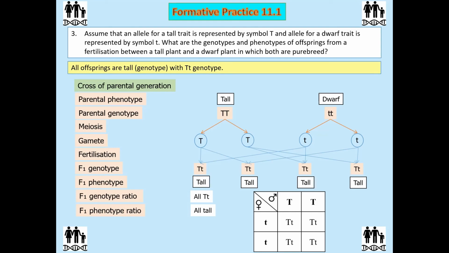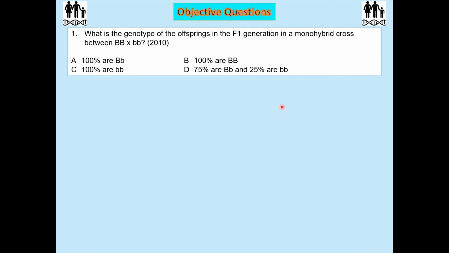Okay, let's try this question. Question number 1, what is the genotype of the offspring in filial 1 generation in a monohybrid cross between homozygous dominant and homozygous recessive? First, we draw the genetic diagram, cross of parental generation, which is homozygous dominant and homozygous recessive.